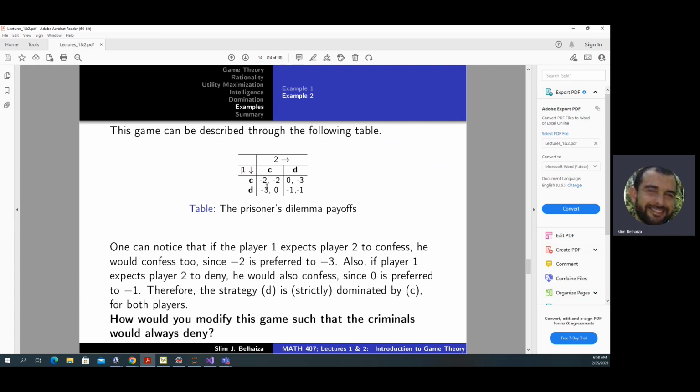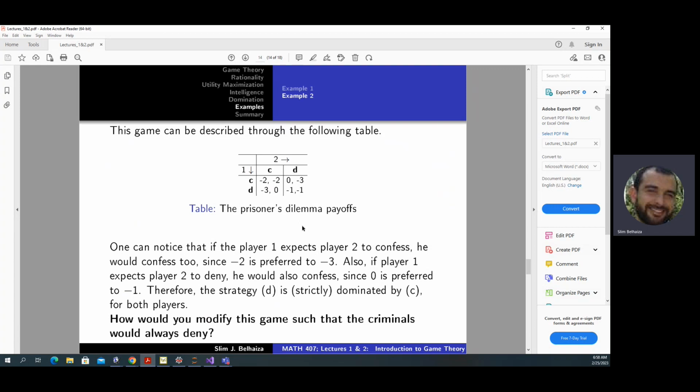And this situation is symmetric. If he denies while the second player confesses, the first player gets 3 years in jail, while the other player is set free. And if both deny, they get only 1 year in jail. These are the prisoner's dilemma original payoffs.